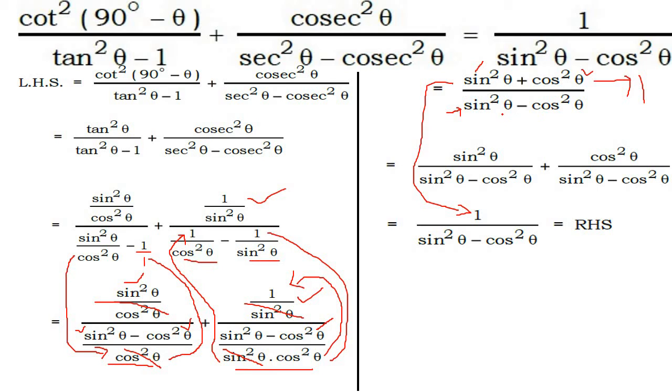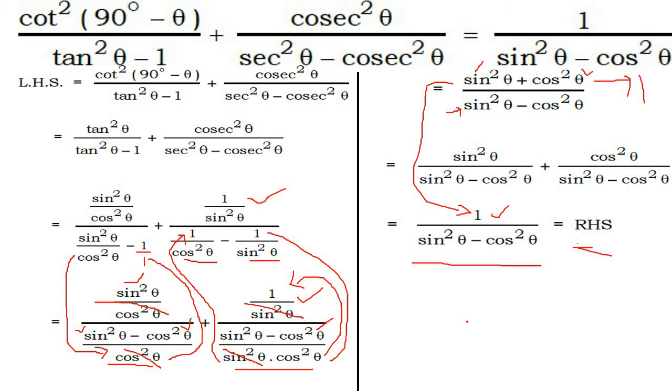The denominator sin square theta minus cos square theta as it is. So this is the RHS, what you have to prove. So sin square theta plus cos square theta is equal to 1 and the denominator is as it is.